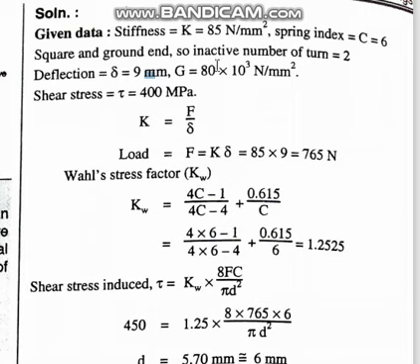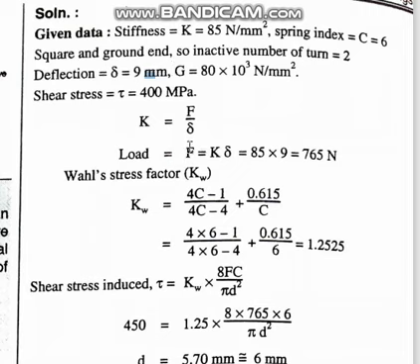So we know spring stiffness is load upon deflection, that is F upon delta. So because you have K, you have delta, you can find out F. See, this is one way of giving the problem.